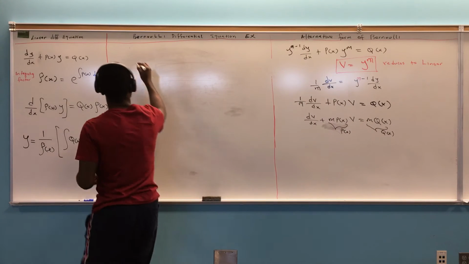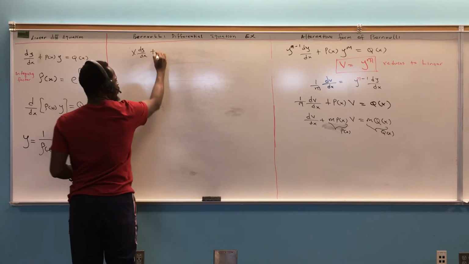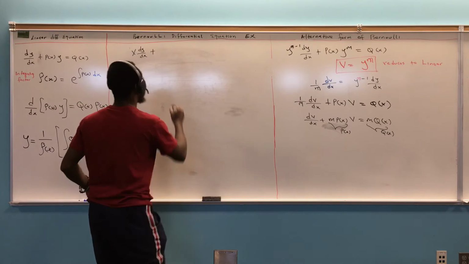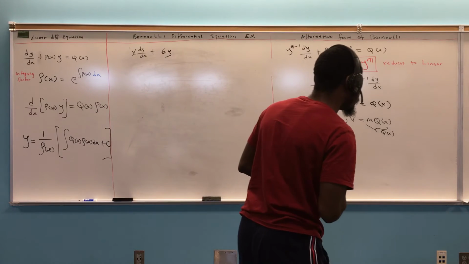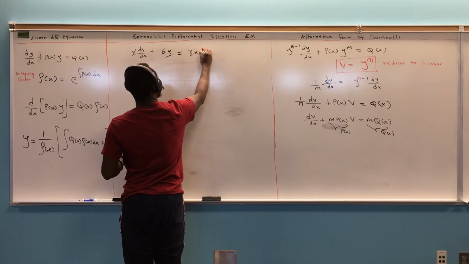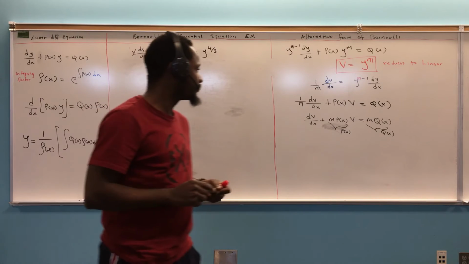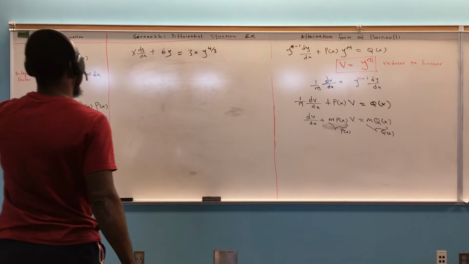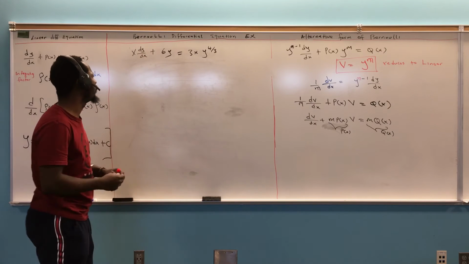So I have an example, x dy/dx plus 6y equal to 3x y to the 4 over 3. See? Like I said, it is given in the form I had here.